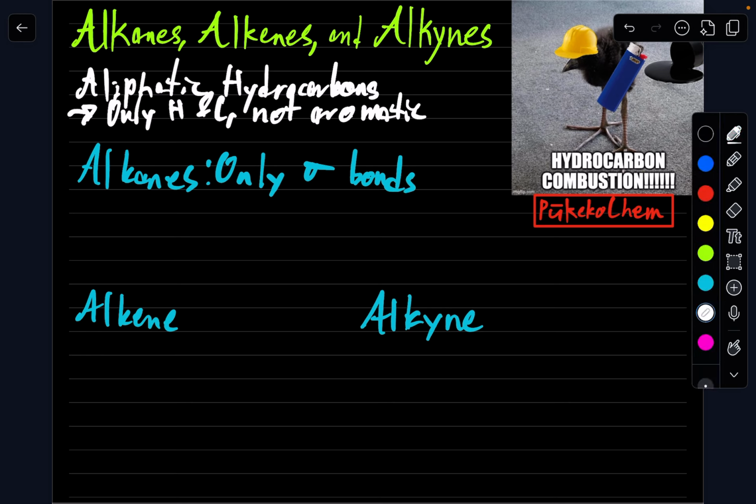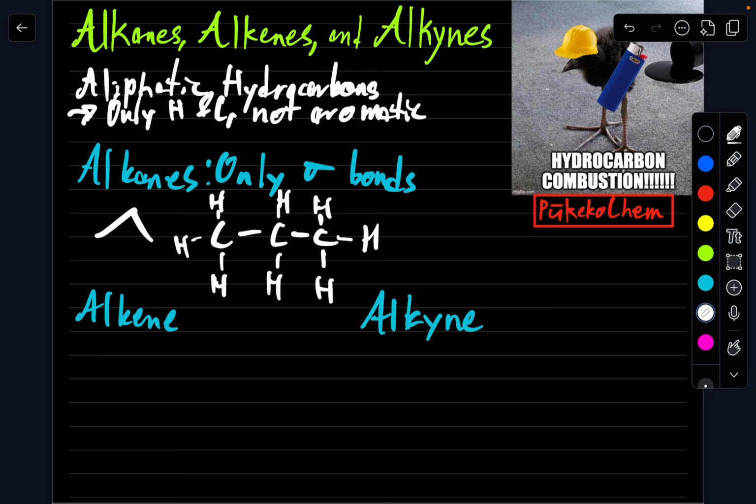So, an example of that can be propane, which has a skeletal structure that looks like this, and a full structure that looks like this. Notice that each of the carbons are bonded to four things, have four bonds, which is what carbon usually does in organic chemistry.